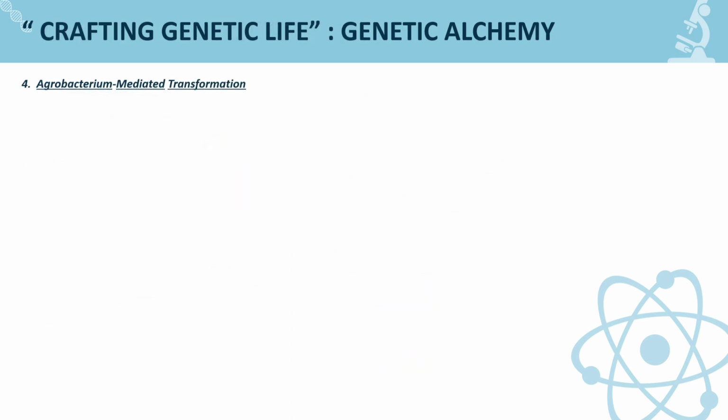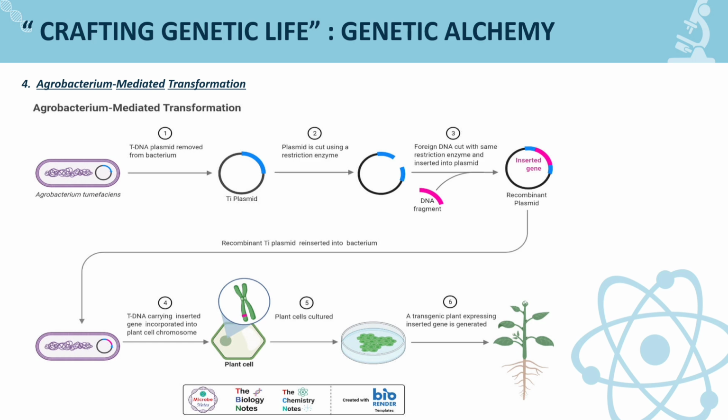So the other technique is Agrobacterium mediated transformation, in which we will isolate the Ti plasmid from the bacteria called Agrobacterium tumefaciens, and then with the help of restriction endonuclease we will cut the plasmid, right?